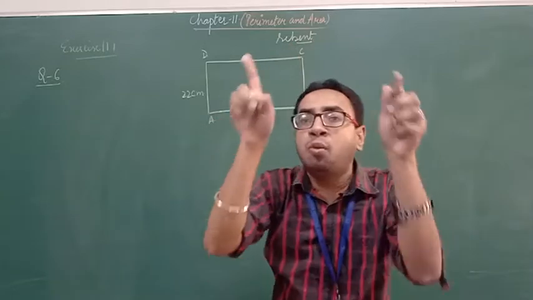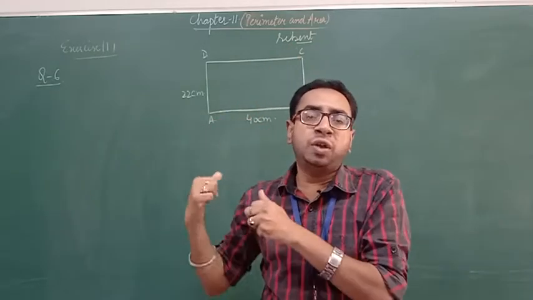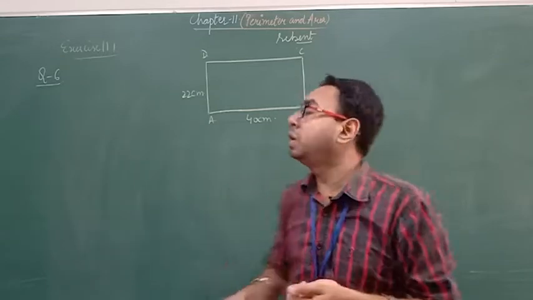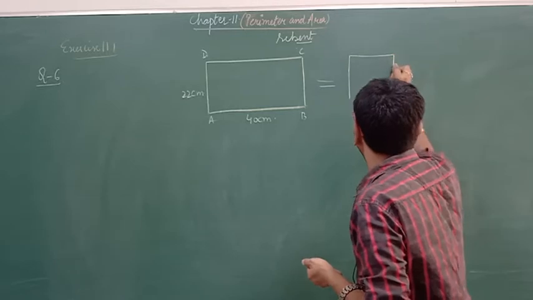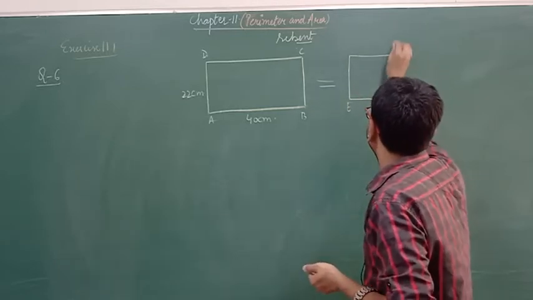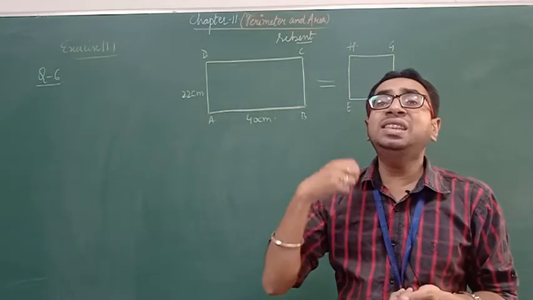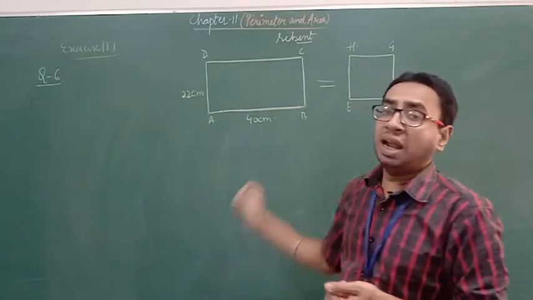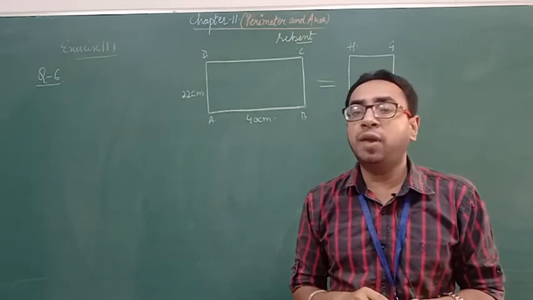Bending means mold, changing the shape. So the shape has been changed for this figure and it has been converted to a square, E-F-G-H. The question demands: find the edge of the square and tell which figure encloses more area.